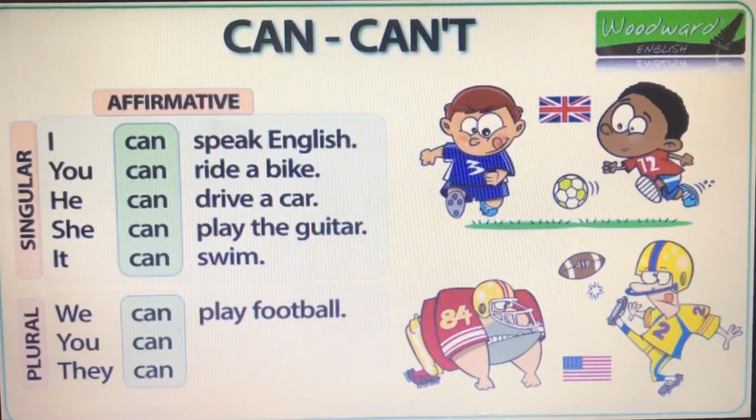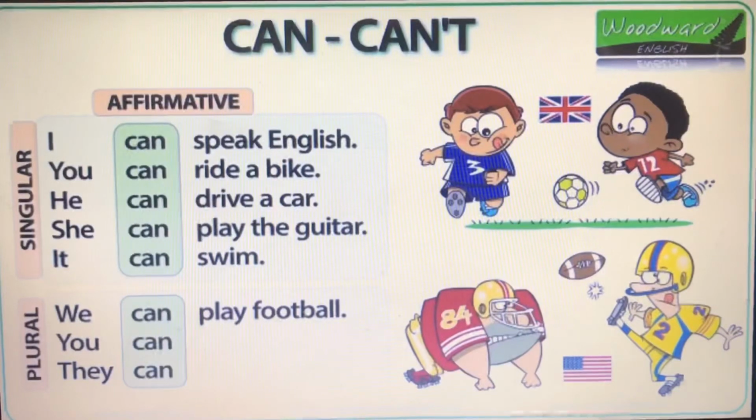But looking at the sentences, every sentence starts with the pronouns I, you, he, she, it, we, you, they. They all use can.